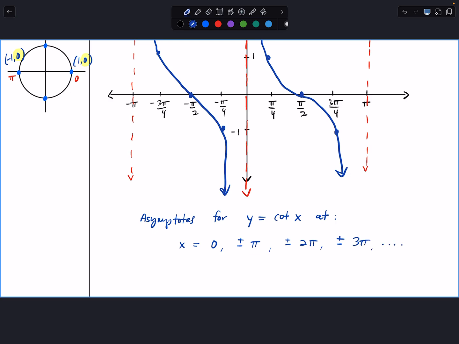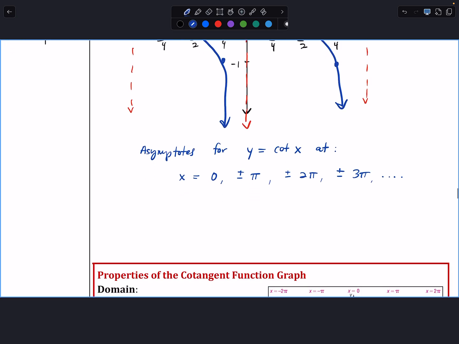What do all these numbers have in common? What are positive or negative whole numbers called? Integers. So that's how we're going to say the domain. The domain for cotangent is all x such that x cannot be equal to k pi, where k is any integer.